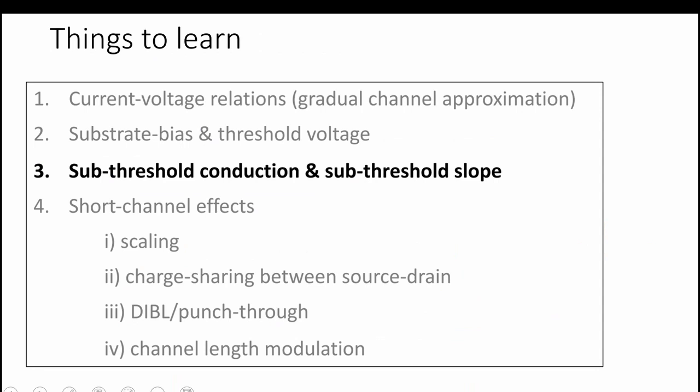Now we come to a very critical parameter, which is subthreshold conduction. It is critical because in our mobile phones or laptops and whatever device you imagine, there are millions and billions of transistors, which drive the processor, the LEDs and our screen.